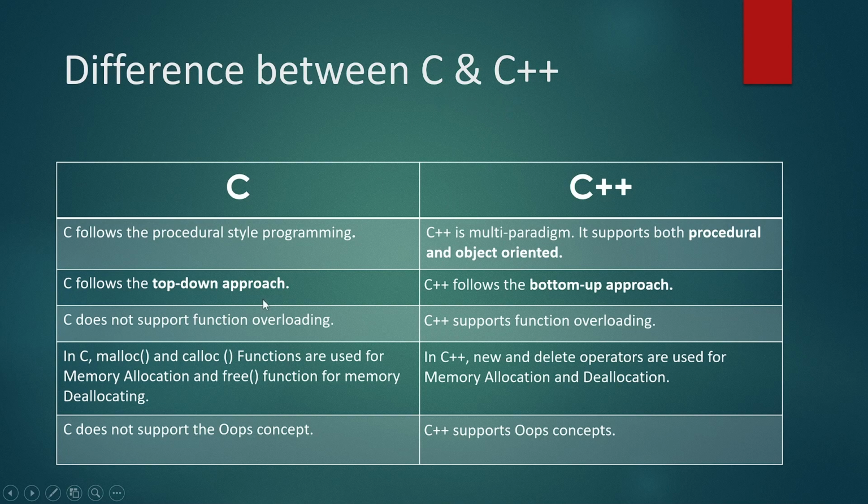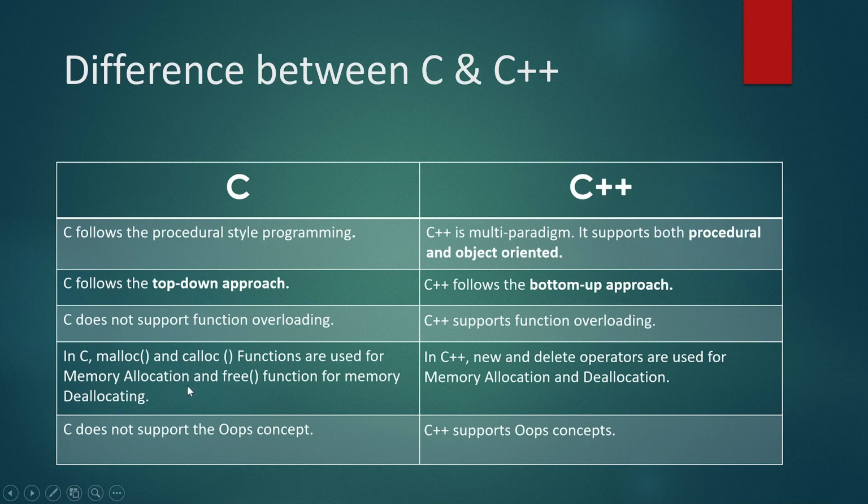In C, malloc and calloc functions are used for memory allocation and the free function for memory deallocation. When we want to get memory at runtime, we have to use these functions in C language. And in C++, new and delete operators are used for memory allocation and deallocation.